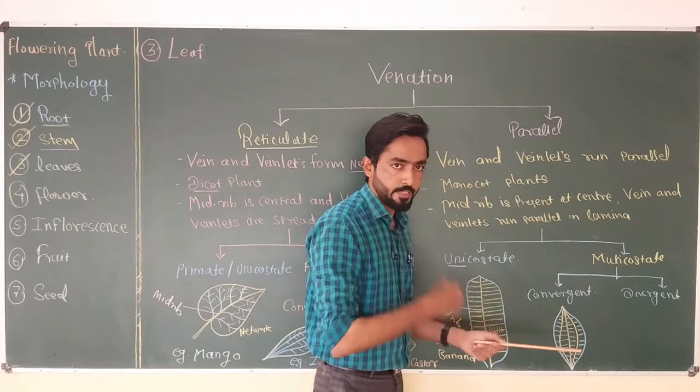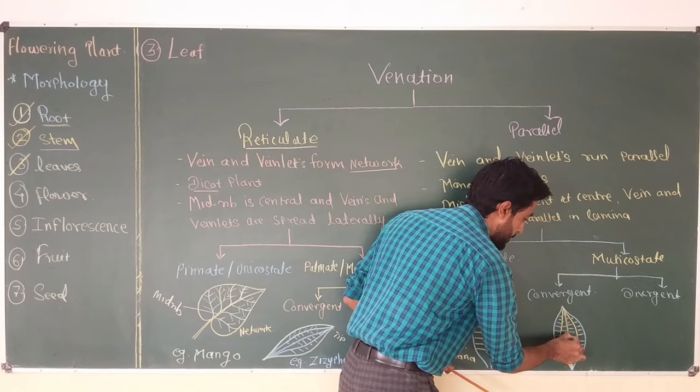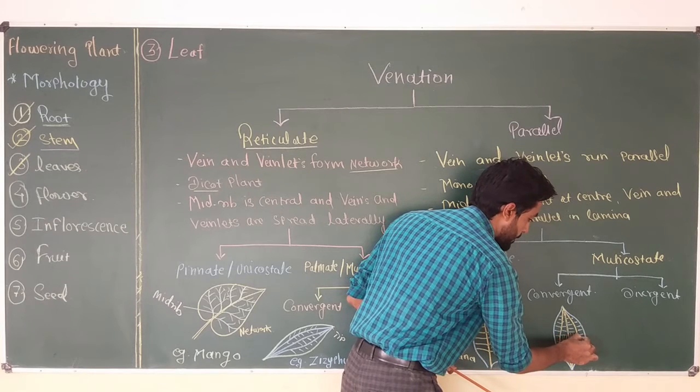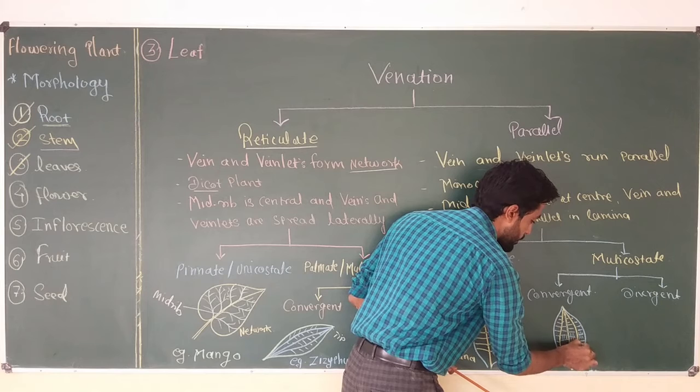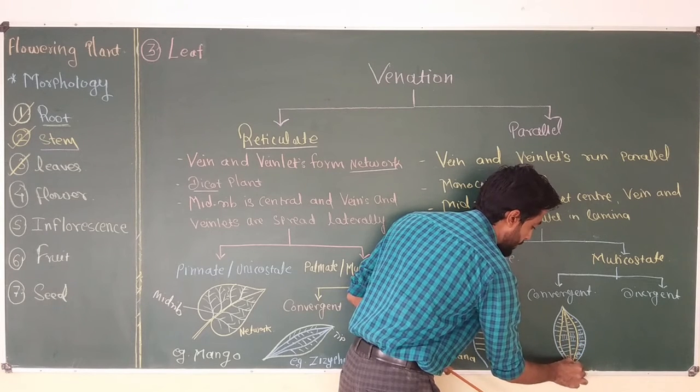Now, the branches of second order or veinlets may arise from these veins and they also run parallel. So in this way you can easily draw a convergent type of leaf.